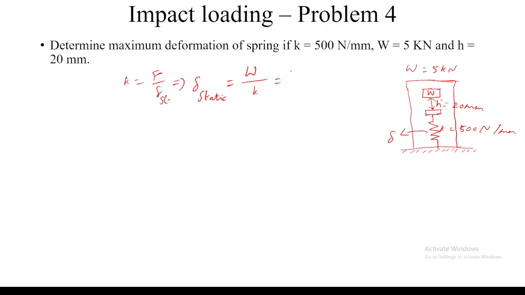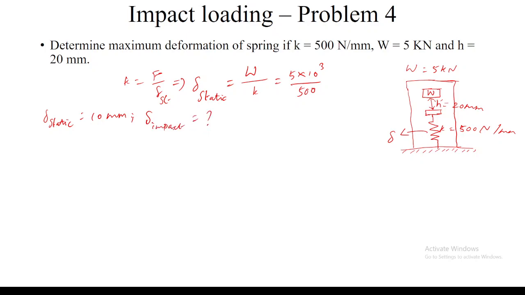Here I am substituting W in Newton, 5 into 10 power 3, and K is given as 500 Newton per mm. So what is the value of delta static? 10 mm. Once I have found the delta static, the objective of this problem is to find the deformation under the impact load, which I name delta impact.